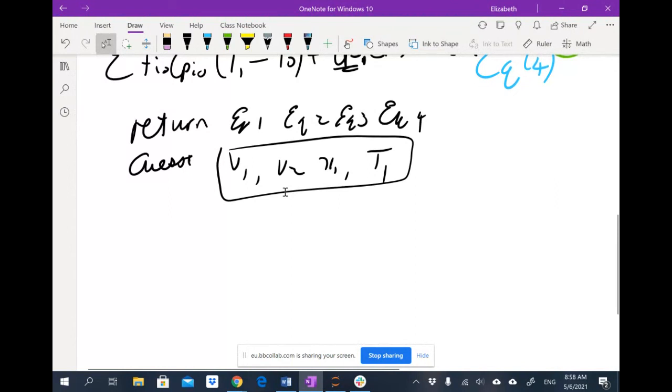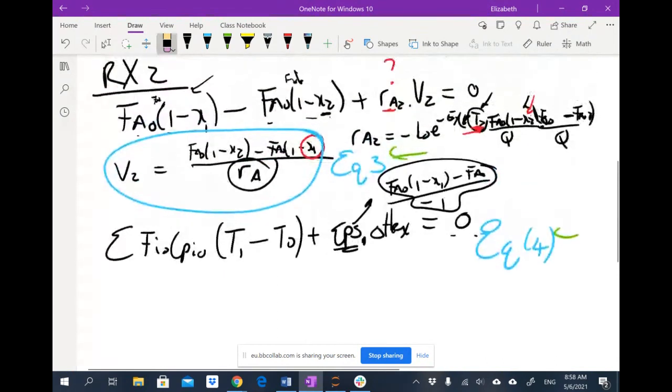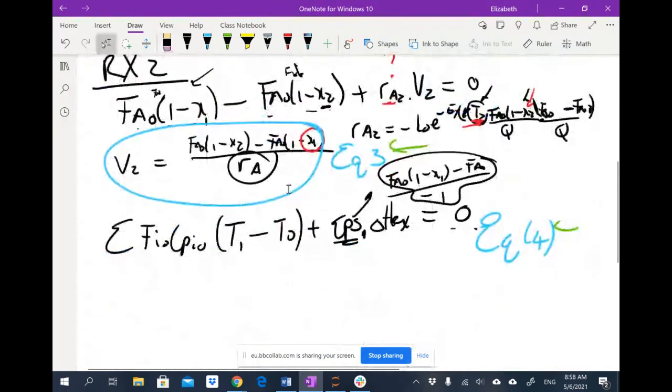Right, so we would rather set up our equations in terms of a convenient variable. This is where problem-solving skills come in, to realize that as soon as I guess a value for x1, let's just go through our equations, I can solve temperature 1.